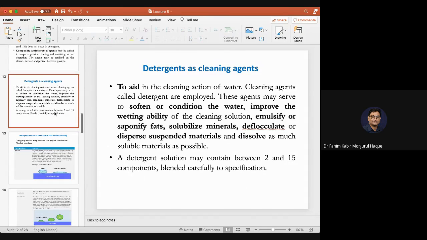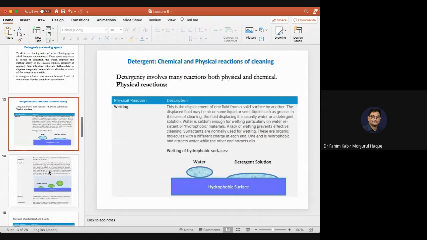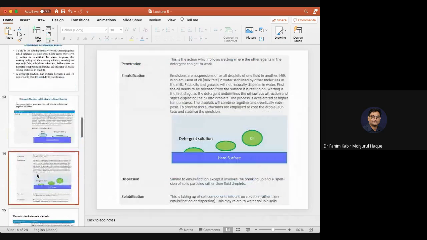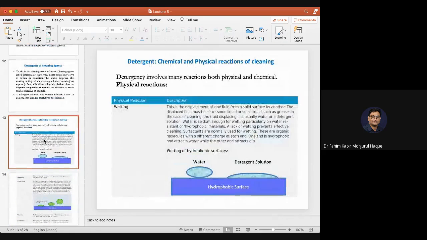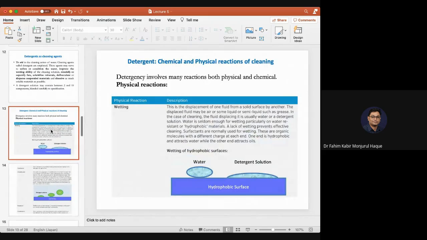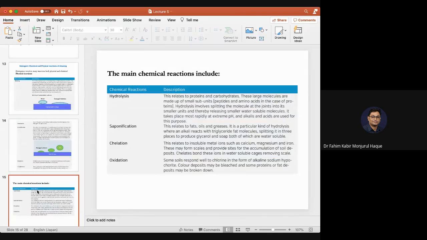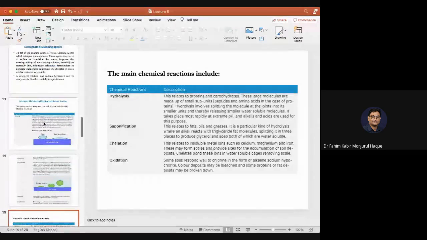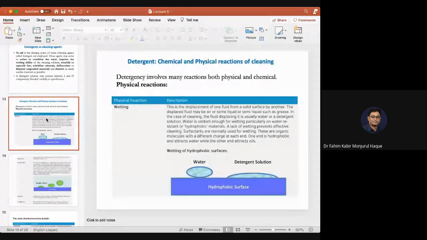However, before the types of the reagent, these two slides talk about the mechanism of how the detergent works. So we all know what detergents do. They do cleaning.